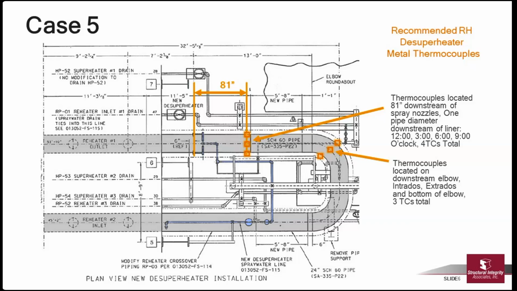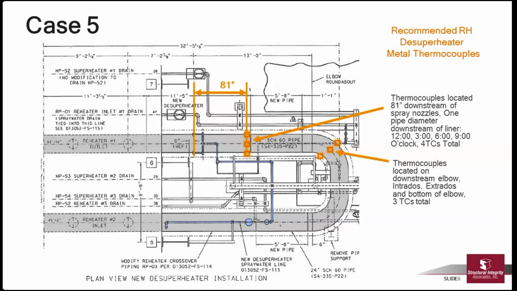On any installation like this, we'd be putting thermocouples on that downstream elbow to look for impingement. We also put them downstream of the spray station itself, on the pipe itself, again at the quarter points, because you often see spray impingement on the pipe for a variety of reasons: leaking valves, spraying to saturation, broken nozzles.